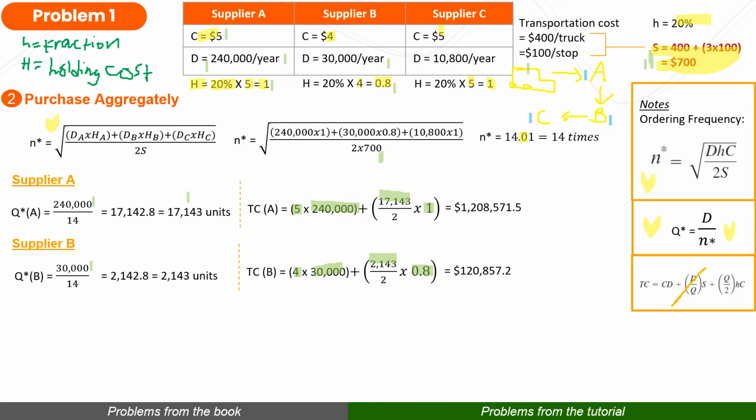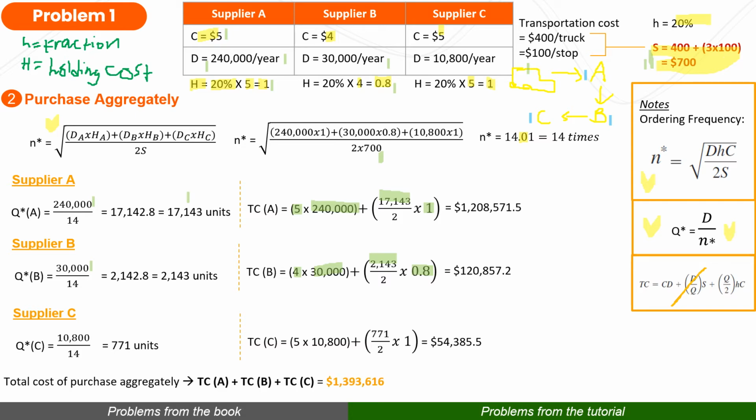And then for supplier C, the Q star is 771 units. And then the total cost from supplier C is $54,385.5.